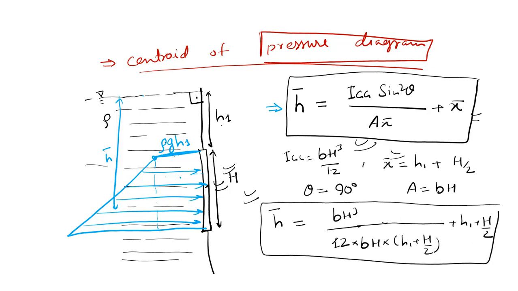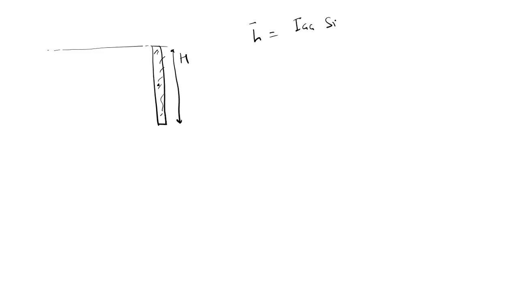Let us consider another example. Just now we proved that, right? Let us try to prove it for the case when the plate is touching the free surface, of height h. So what have we learned? H bar is Igg sin square theta upon A x bar plus x bar.